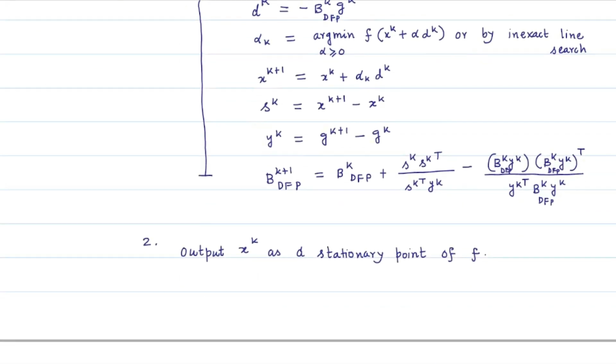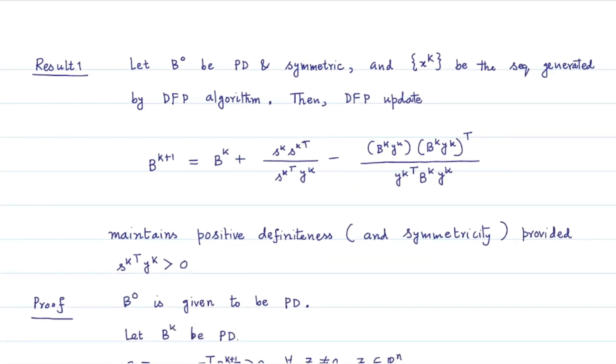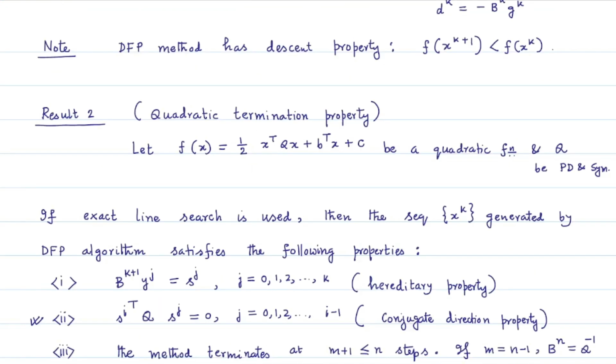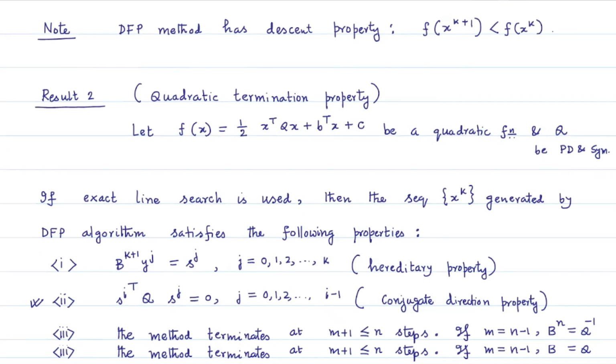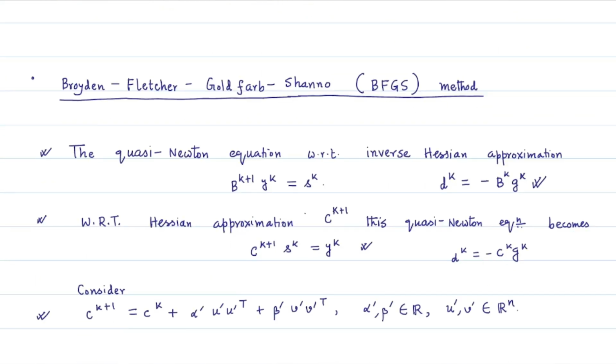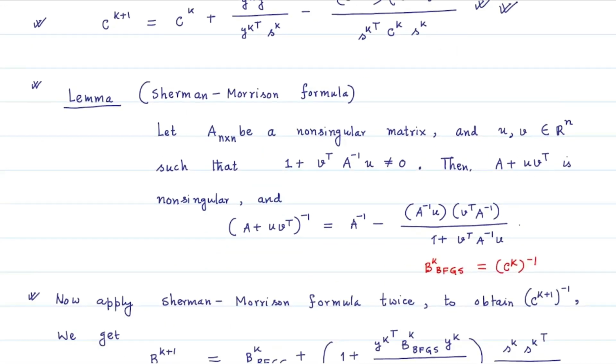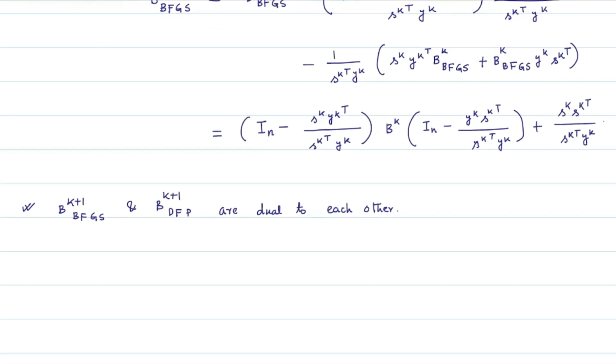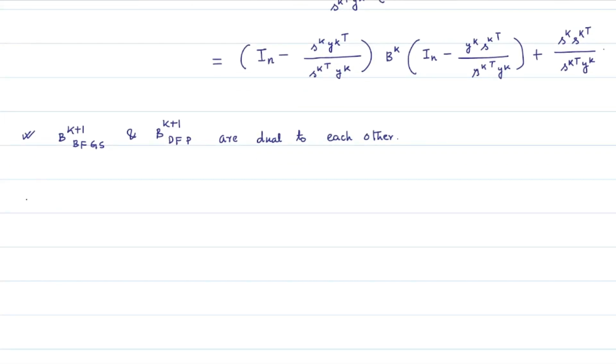The Quasi-Newton method with BFGS update has this result 1 valid provided sk transpose yk is greater than 0, and also the quadratic termination property is valid for the BFGS algorithm, and also the BFGS algorithm has the descent property. So I write here that the properties of the BFGS algorithm are all similar to the DFP algorithm.